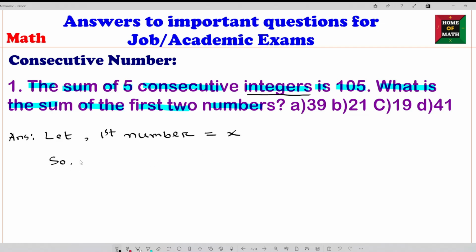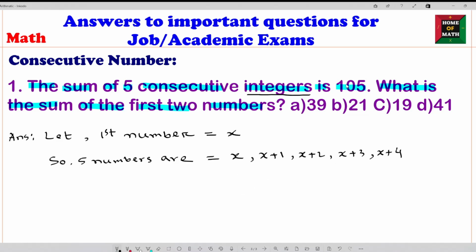So the 5 numbers are what? x, x plus 1, x plus 2, x plus 3 and x plus 4. This is a consecutive number.